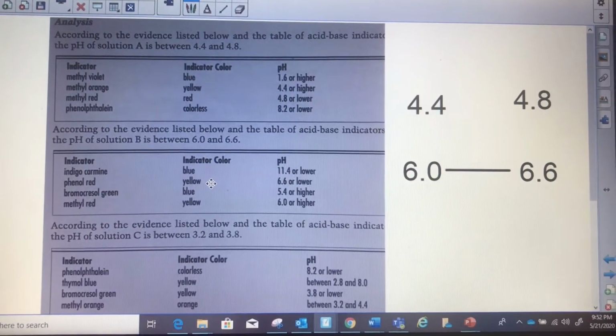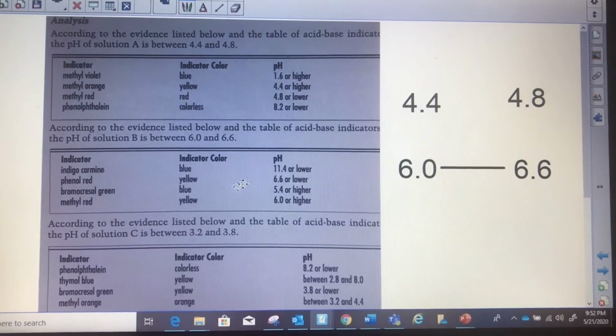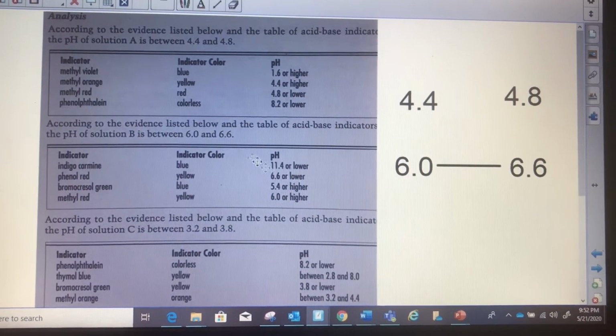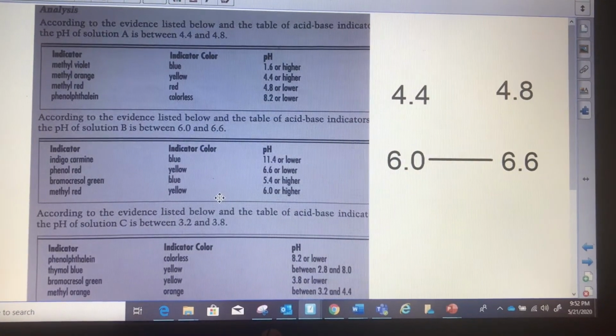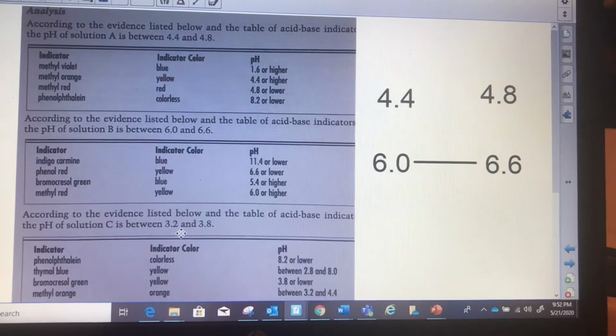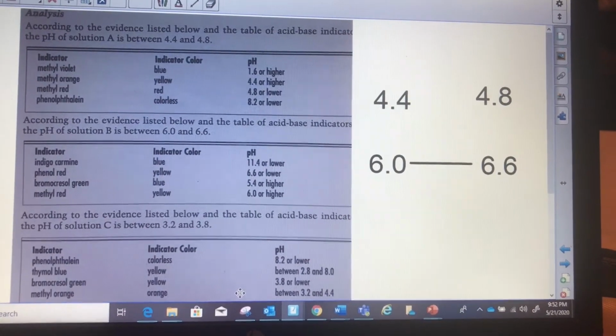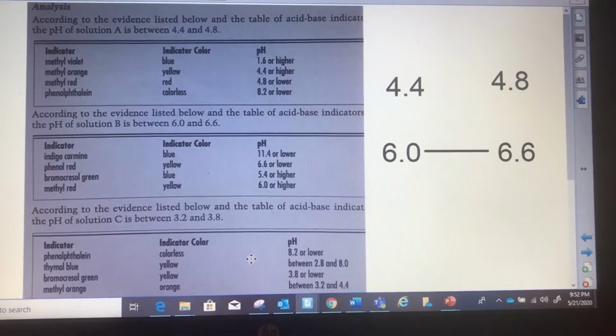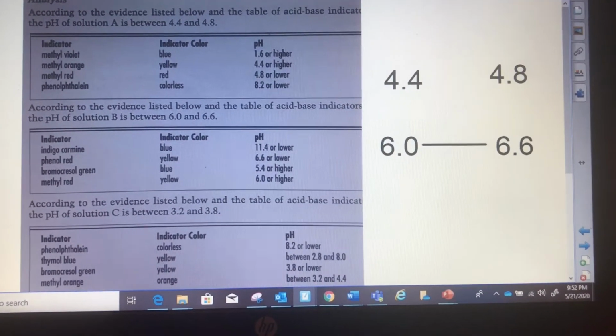Then you're looking at your pH indicator table at the pH ranges and seeing if you can somehow find where the range of the solution fits in. Hopefully, you got between 3.2 and 3.8 for the last one. If you didn't, please reach out to me on Teams so I can explain it better one-on-one.